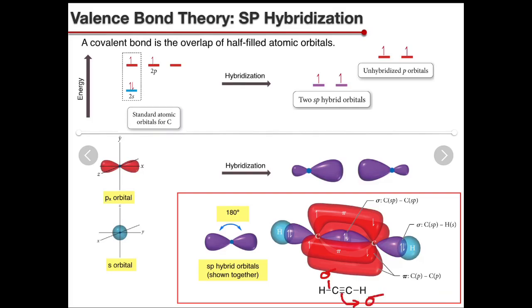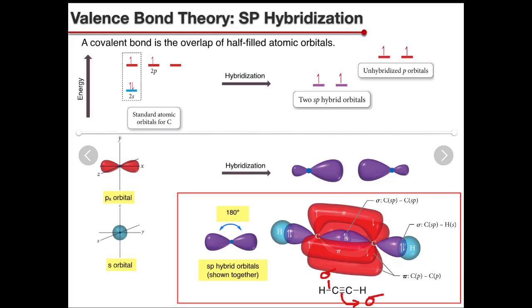Because we already used those hybrid orbitals to form sigma bonds, the leftover ones are the 2py and 2pz that we did not mention earlier. Because we have 2py and 2pz left unhybridized, these two are going to do side-to-side overlap, forming pi bonds.